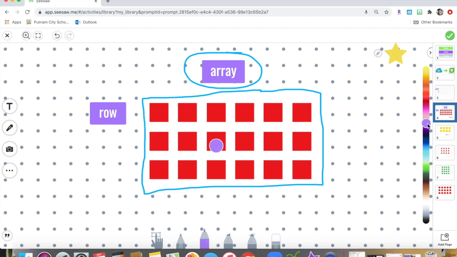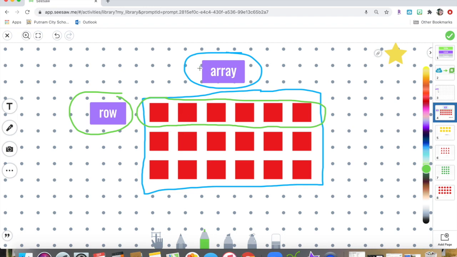Okay, so now let's look at the word row right here. A row is one thing that goes across. So this is a row. These 6 squares that go across, and they're all in a line.